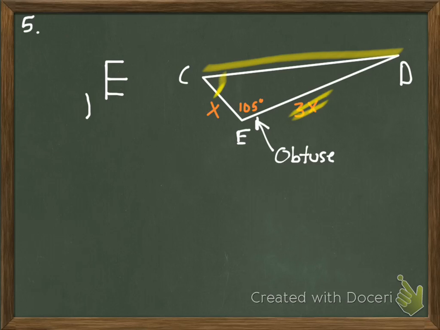So the angle across from that is angle C. Then x is smaller than 3 times x, so the angle across from x, which is angle D out here, would be your smallest angle. Ordered from smallest to largest should be D, C, E. You can also say angle D is less than angle C is less than angle E.